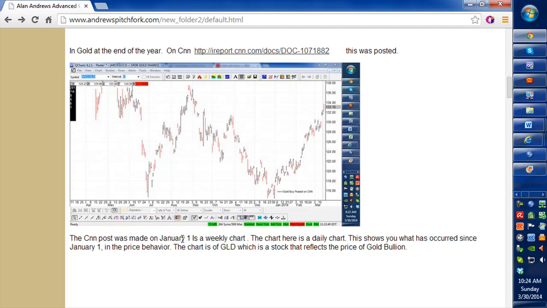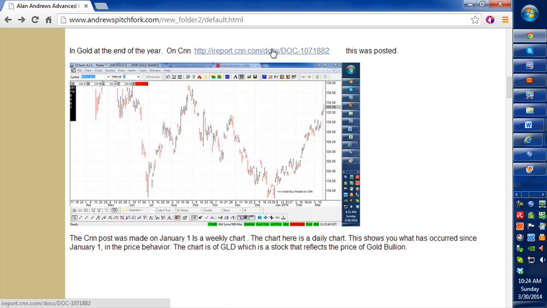And on January 1st, we posted a weekly chart on CNN, which looks very different than this, because this here is a daily chart. As you can see, the price down here says 115 or 116, and up here it went up to 130 something.